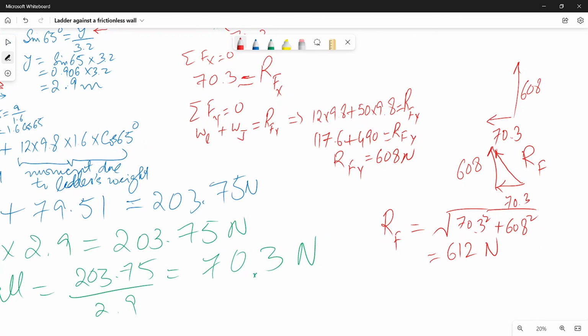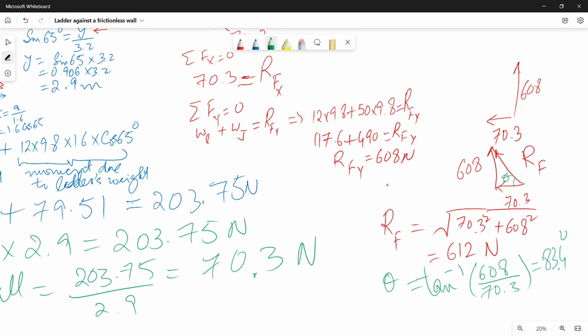We also have to find its angle, because this is the theta. Naturally theta is tangent inverse of 608, which is opposite, over the base 70.3, and if you take its tangent inverse, it comes out to be 83.4 degrees.